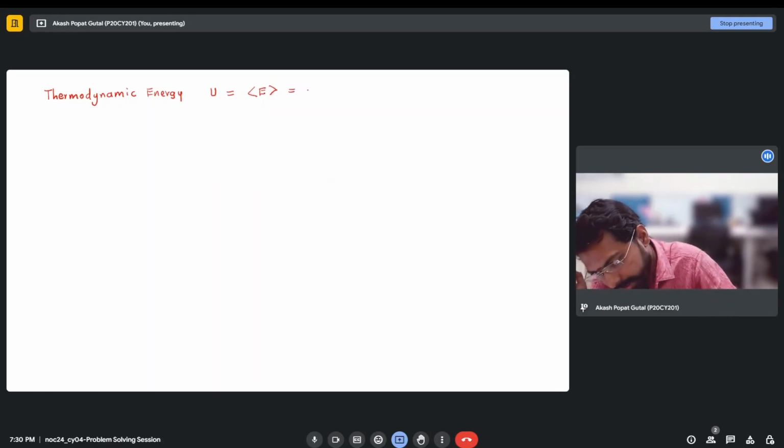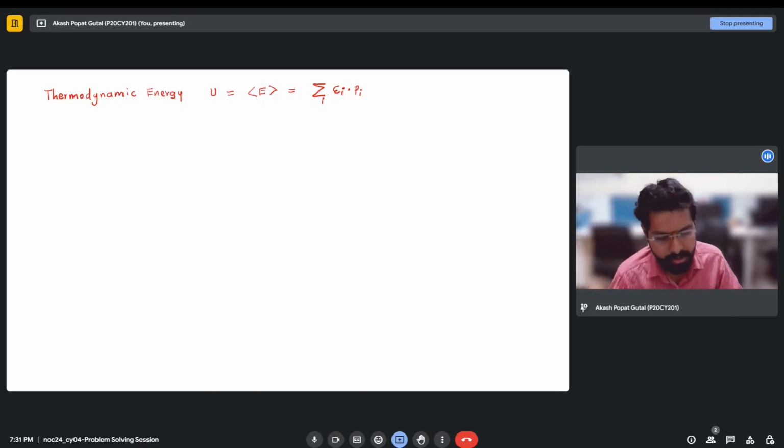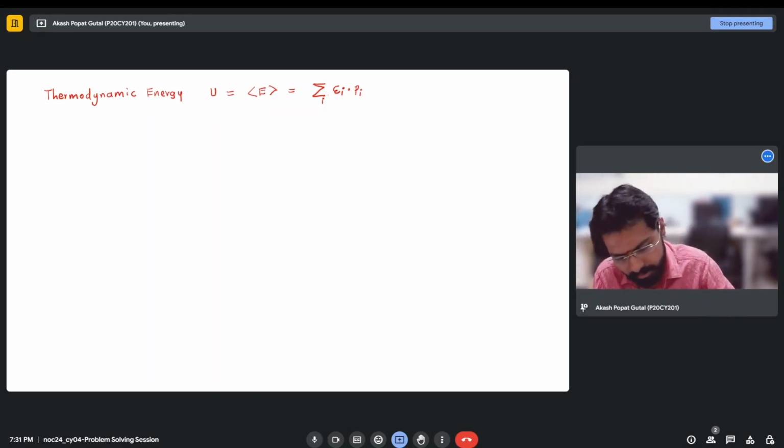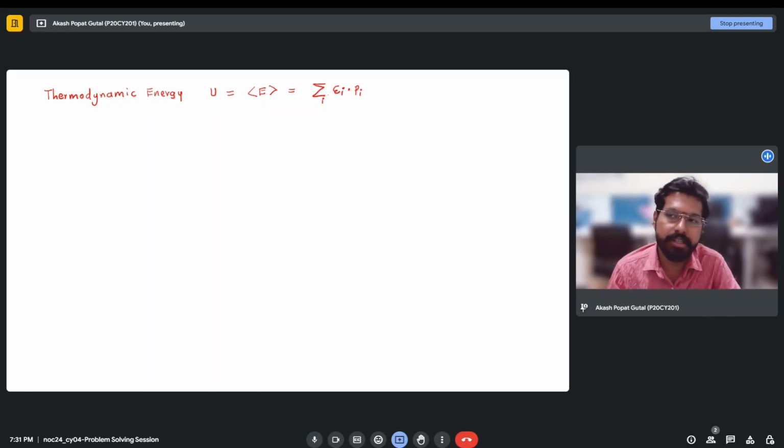We get that average energy by summing the energy of each individual level multiplied by their Pi values, that is, the Boltzmann distribution values. The summation gives us the average energy, which we call internal energy in classical thermodynamics.